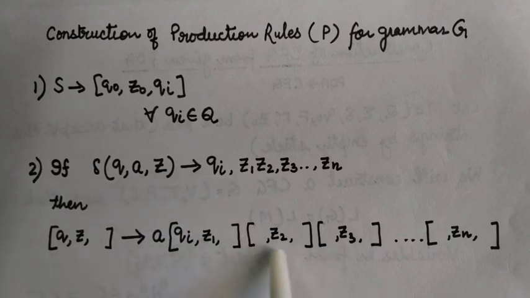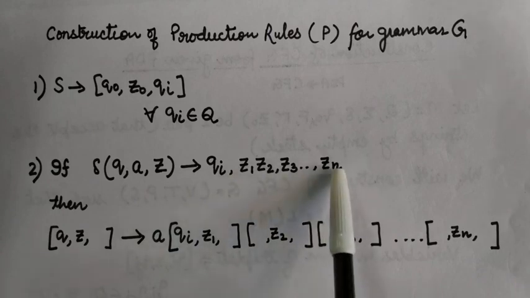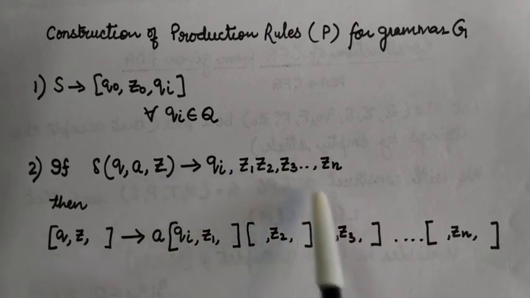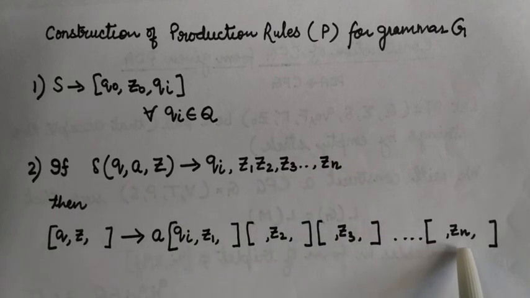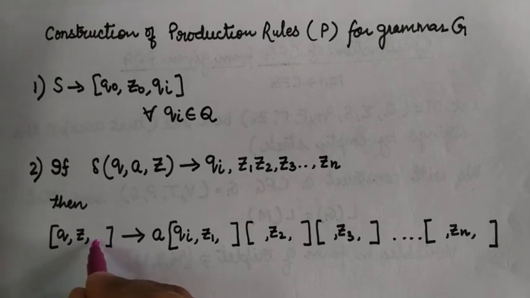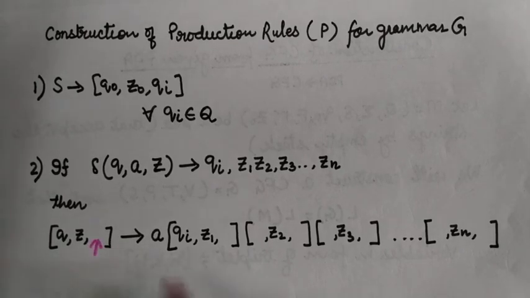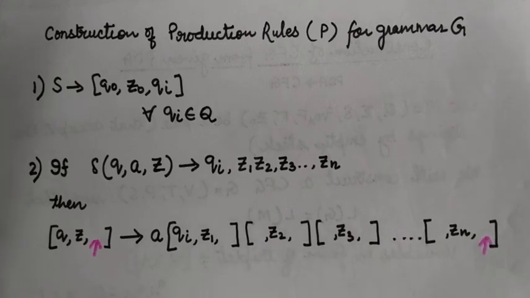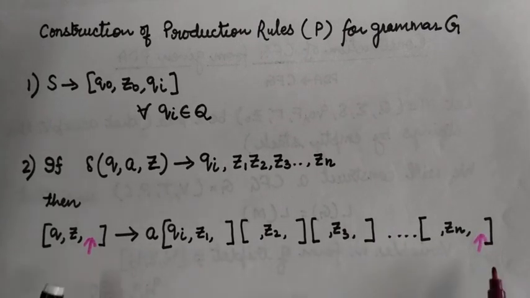And in all of these variables, the stack symbols will be written in the same sequence, Z1, Z2, Z3 and Zn. And these blank spaces will be filled by the states. And we will fill these states such that the state written here will be the same as the state written here. That means these two states will be the same.